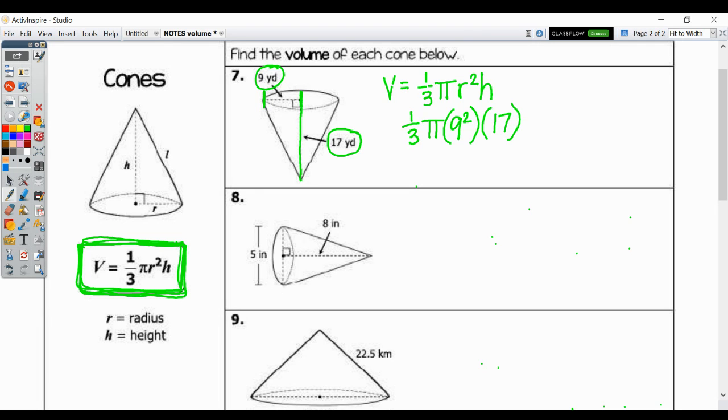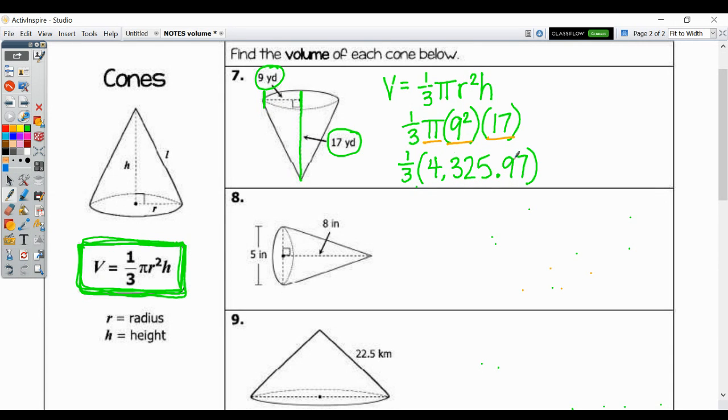Okay, so like earlier, if you cannot type in 1/3 into your calculator, you can type in the pi. So I'm going to put the pi button times 9 squared times 17. And I get this really long number. Let me just bring this 1/3 down. So I'm going to have 1/3 times 4,325.97.